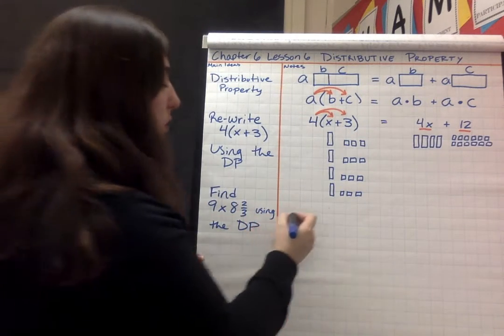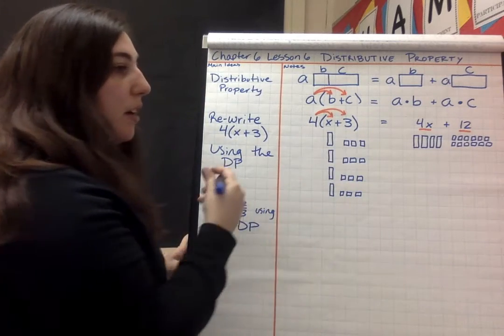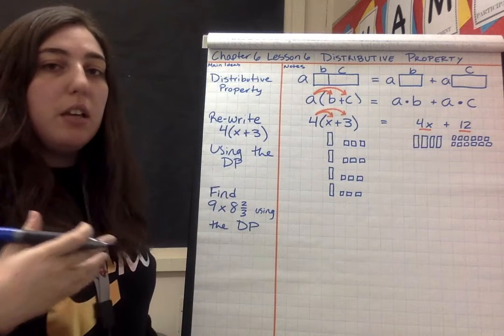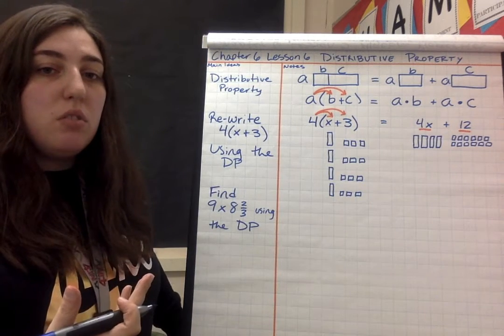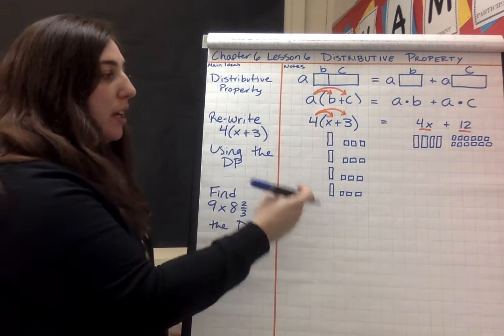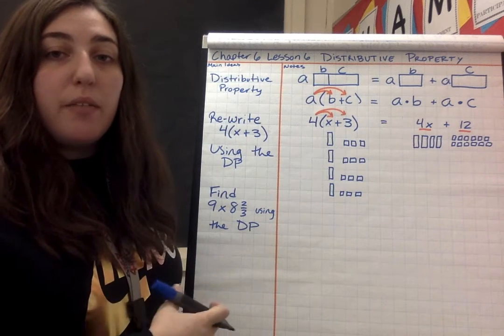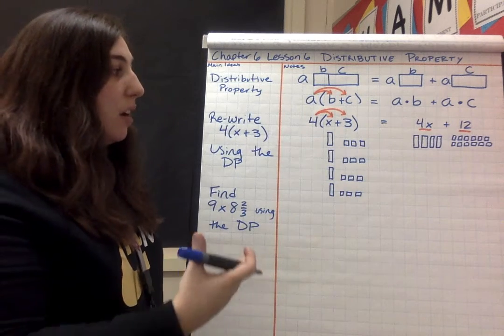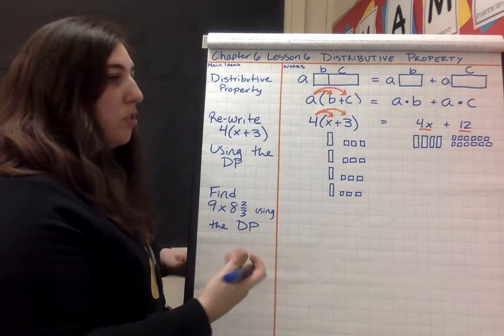All right, so instead of making a model this time, sometimes in the book they're going to tell you to do this mentally. So we are still going to use the distributive property, but you may not need to draw out the chicken nuggets and french fries. You can if that helps. I know it helps me and it helps a lot of other students. So you can always draw a model, but now for this example I'm not going to draw a model.